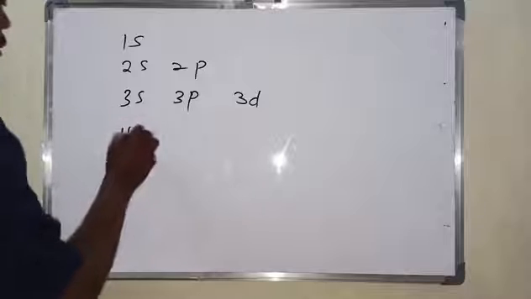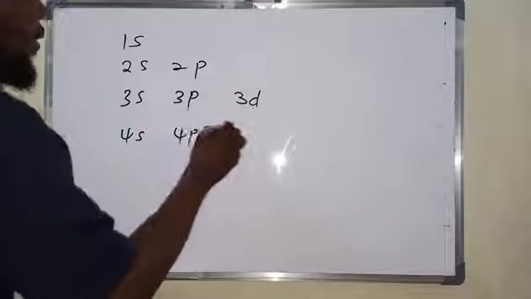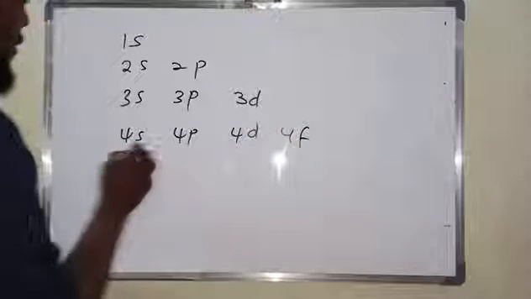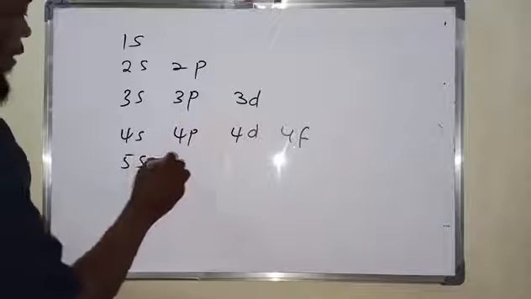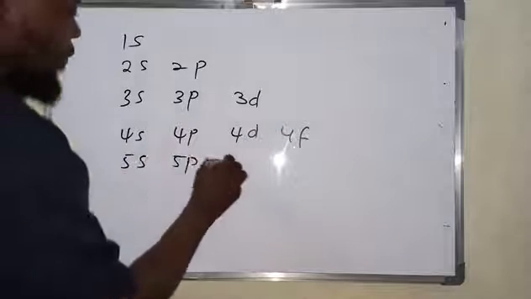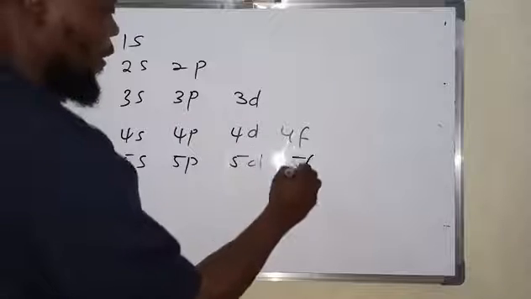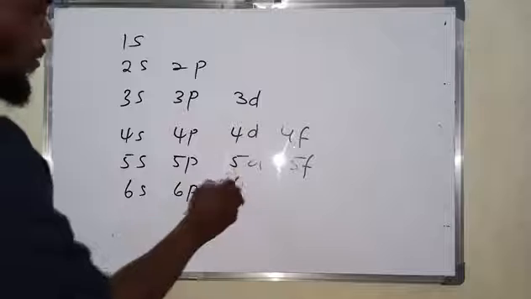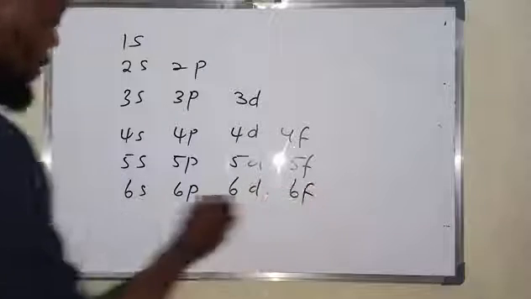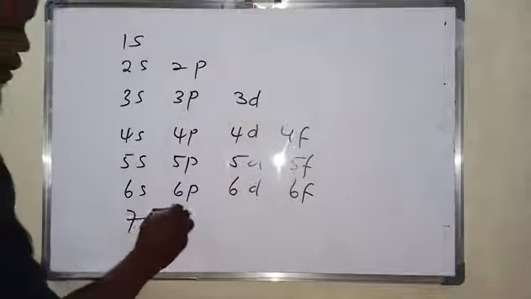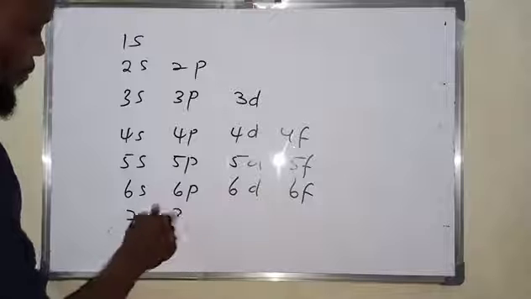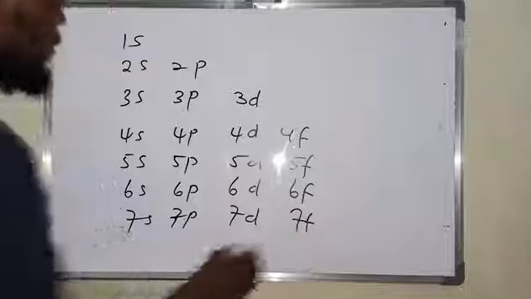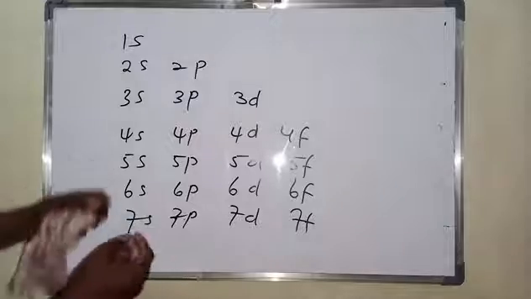The fourth, 4S, 4P, 4D, and 4F. Then the fifth, 5S, 5P, 5D, 5F. Then 6S, 6P, 6D, 6F. Then 7S, 7P, 7D, 7F.